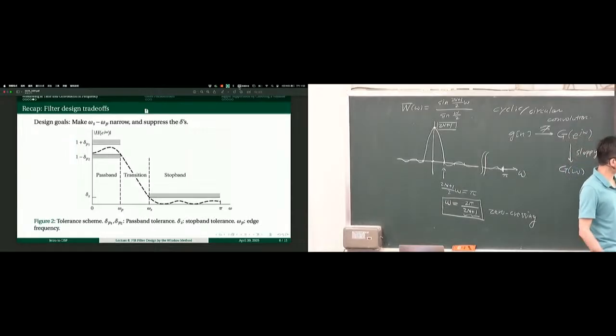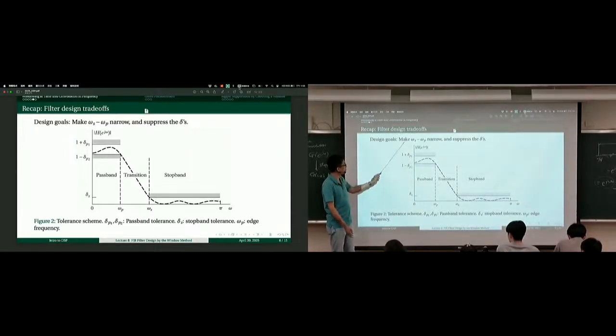Another desired property is to make the transition narrow. Ideally, we have the passband right there, then all of a sudden reach the stopband with a very short, very narrow transition. That's desired. The ideal response should be passband, no transition, immediately stopband, right?